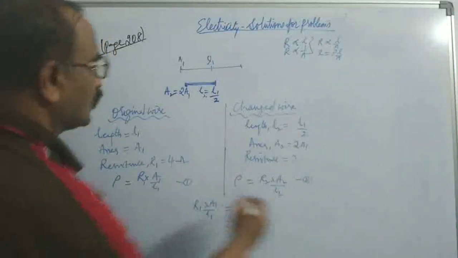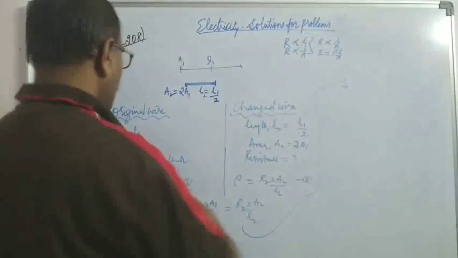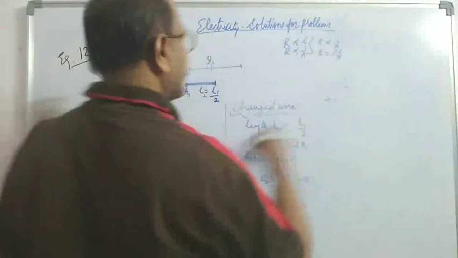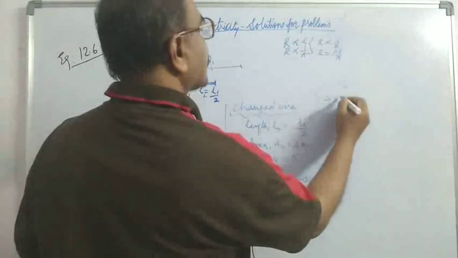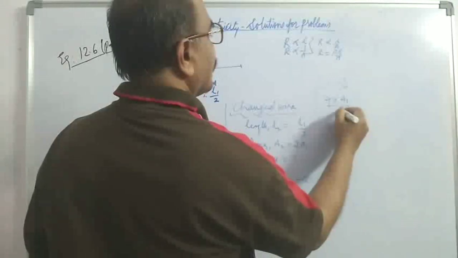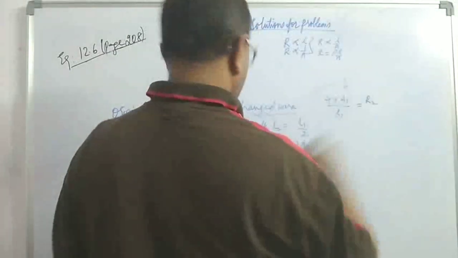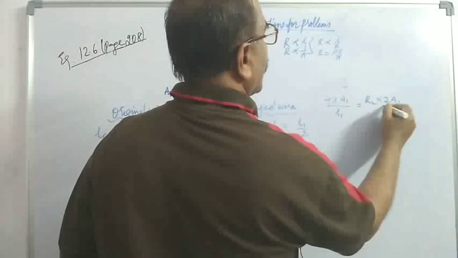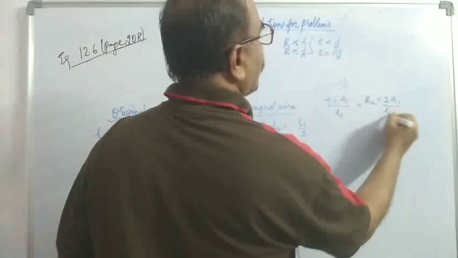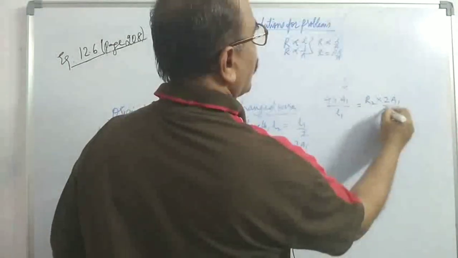So what is R1? Children, it's better for us to calculate here. R1 is 4. And the next one, what is A1? That is A1, and that is L1. And R2 is what we want to find. The next one is A2, it is 2 times A1. And L2 is half of L1.